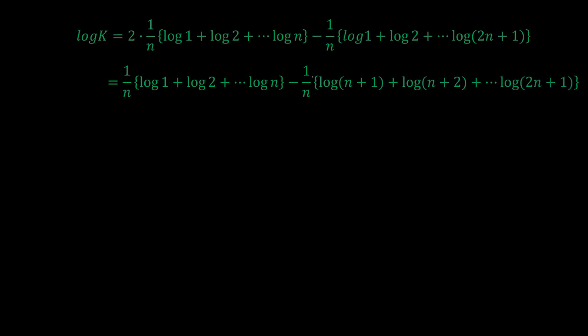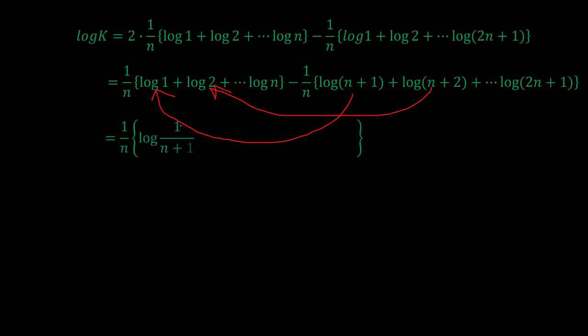And so now we have minus 1 over n times log n plus 1, n plus 2 all the way to 2n plus 1. Now we can batch this with this and this with this in such a way that now we have 1 over n, log 1 over n plus 1, plus log 2 over n plus 2, and so on until you have log n over n plus n.